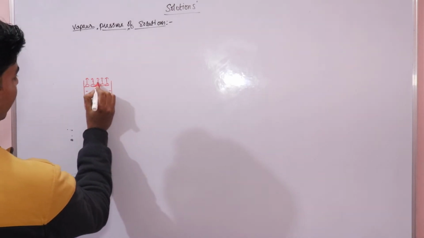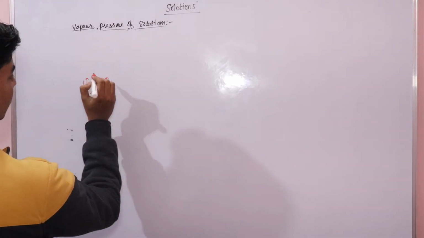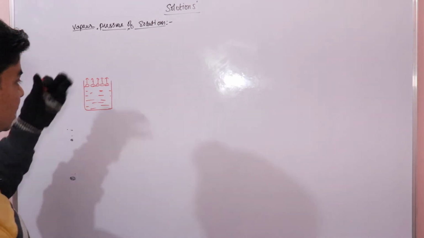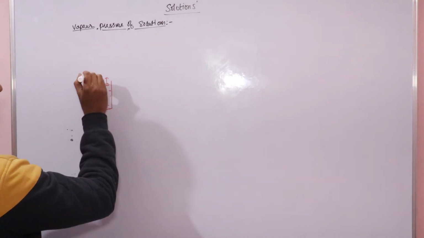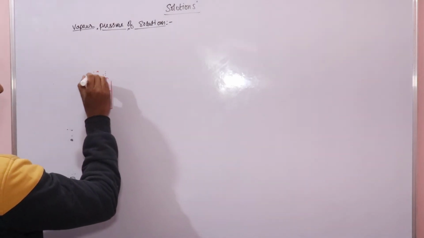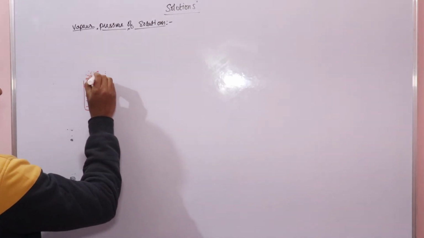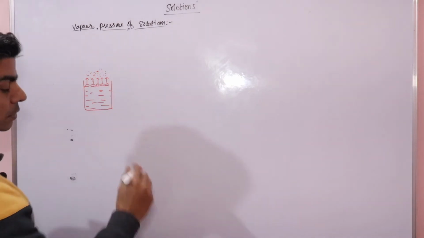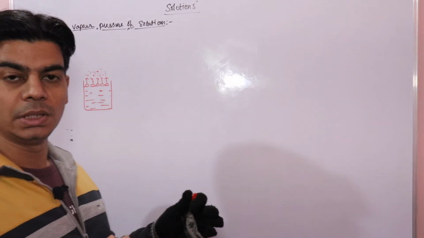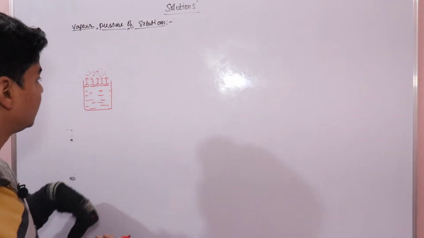and when the number of molecules that have escaped into the vapor phase has increased, that is when the vapor phase has been built up. When there are too many liquid molecules in the vapor phase, then some of the molecules will come back into the liquid phase, that is, the reverse process will start occurring.